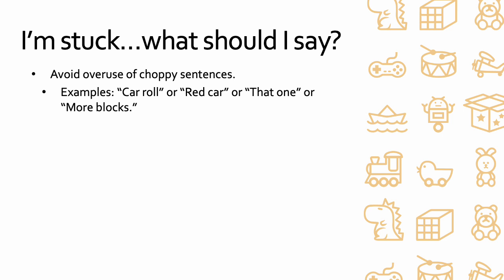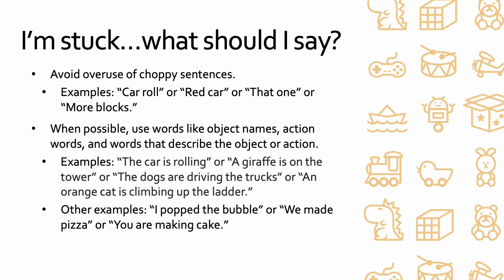Choppy sentences happen. It's okay. In general, when we talk about choppy sentences, we are talking about sentences that sound like they are missing words. When possible, use words like object names, action words, and other words that describe the name or action.